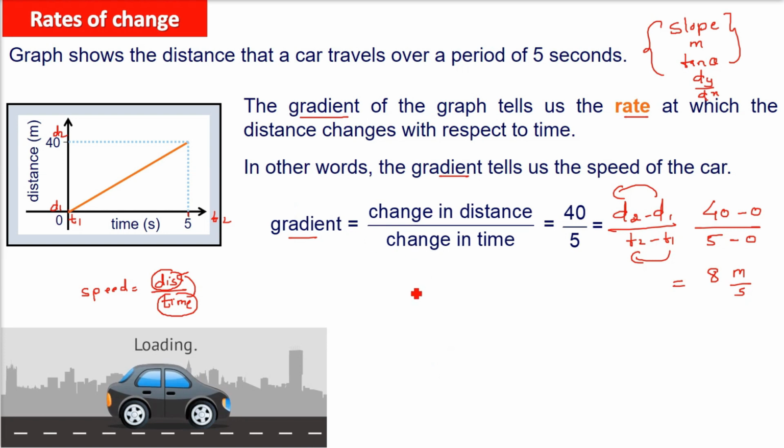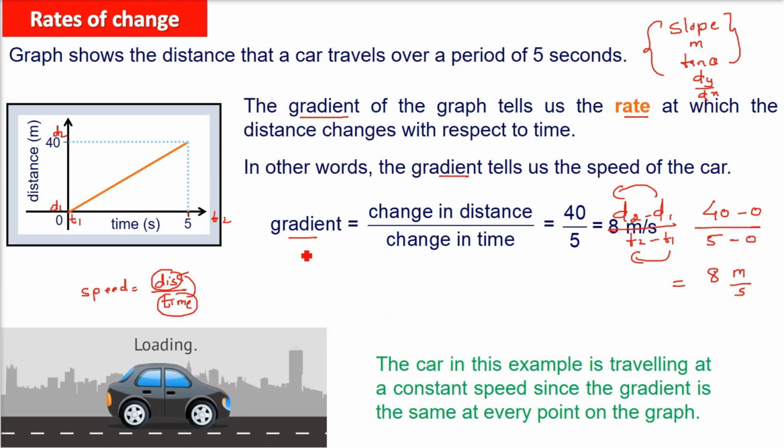So now the question is that this is a constant speed. This car is an example of constant speed, because the gradient or the slope or the m or tan theta is the same everywhere for this graph. It is not changing. Here we are not concerned about differentiation.